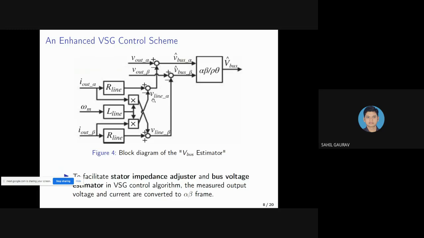From here we get the voltage drop through the line in the alpha beta frame, and this is subtracted from the output voltage of the inverter in the alpha beta frame, giving the estimated bus voltage in the alpha beta frame. Finally we use the transformation block from alpha beta to rho theta frame, so that the estimated bus voltage is fed to our Q droop block.